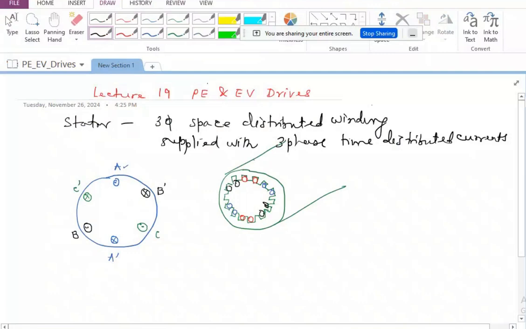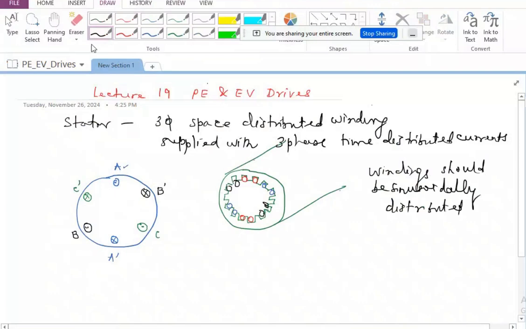And if we look at an ideal machine, the winding should be sinusoidally distributed. What do we mean by winding being sinusoidally distributed?